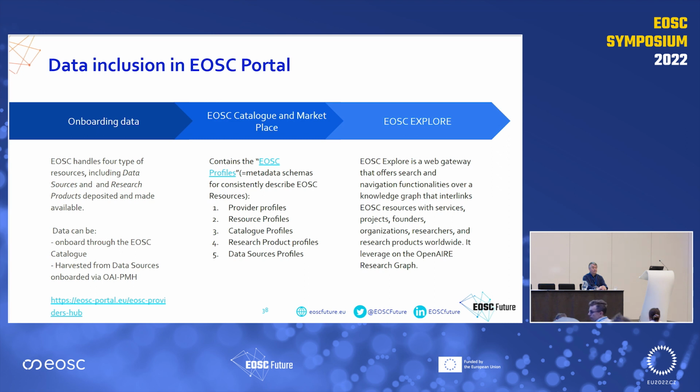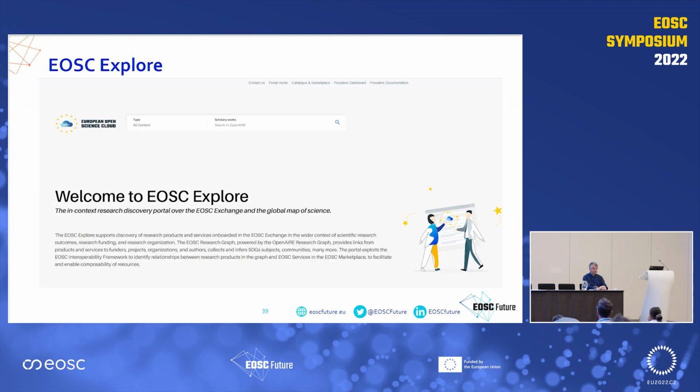It links the data with projects, datasets, articles, organizations, and also research profiles, for instance the ORCID. And it leverages the OpenAIRE Research Graph. So this is what EOSC Explore looks like.